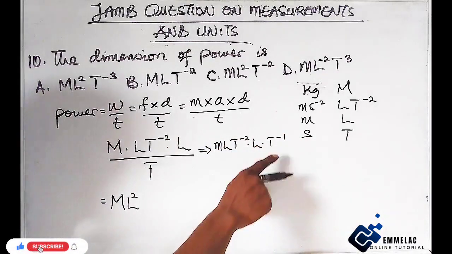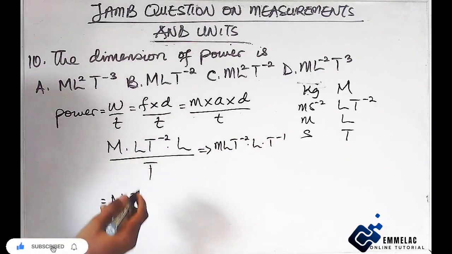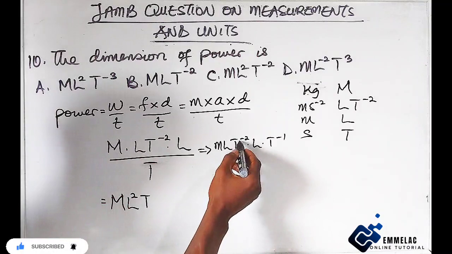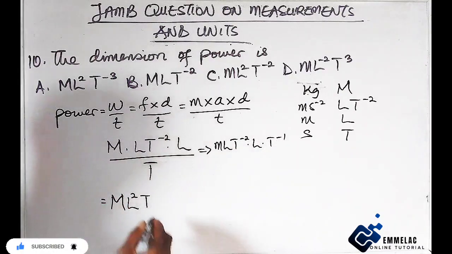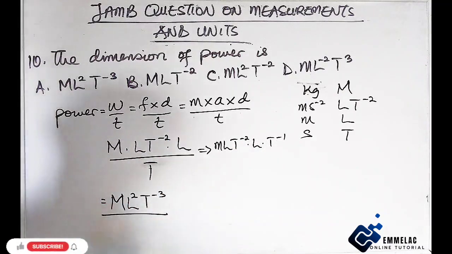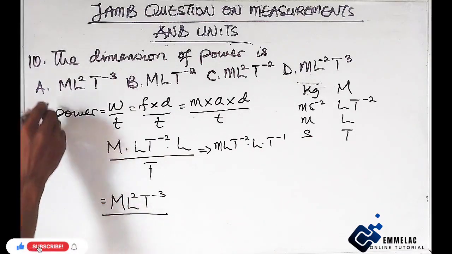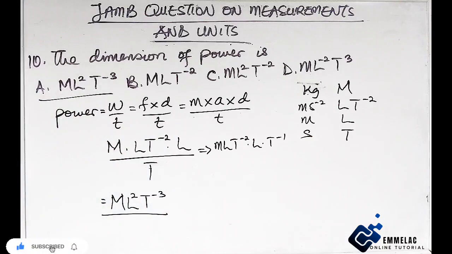Okay, because T raised to the power of -1 is the same thing as 1 over T, which implies here that for T, -2 plus -1 will give us -3. So this is the dimension, and which of these fit in? Alright, option A. Okay, and that is the final.